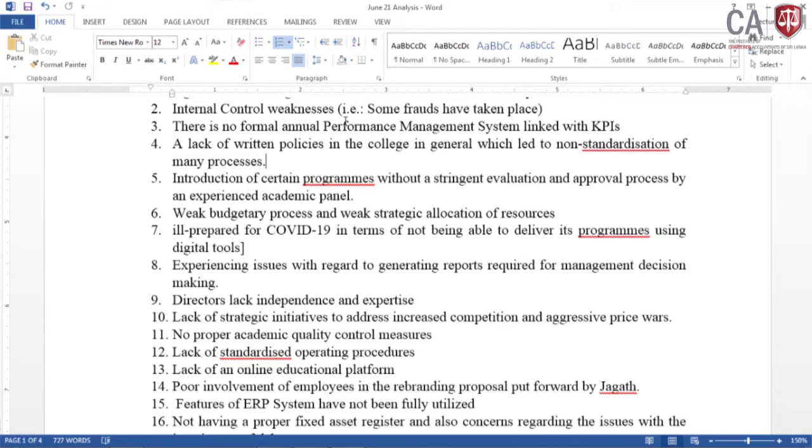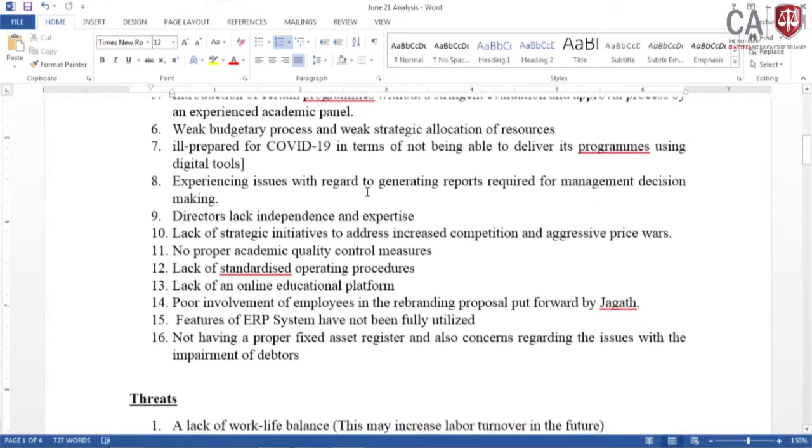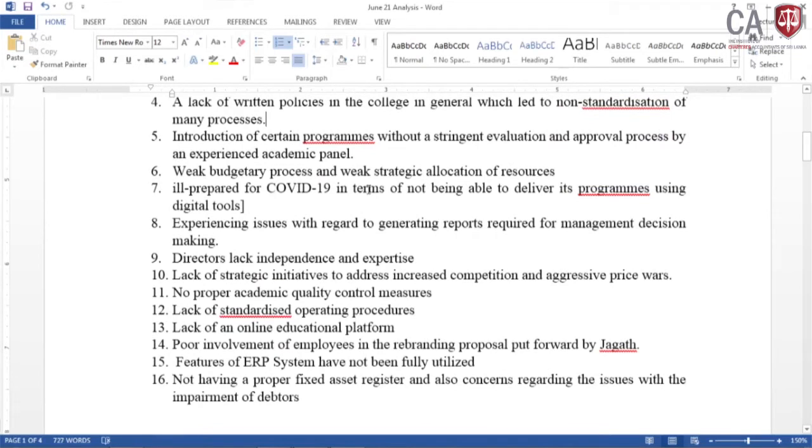They do not have proper written policies. As a result, there is no standardization in the processes. The next one, introduction of certain programs without a stringent evaluation and approval process by an experienced academic panel. So, that is a weakness. We have not evaluated properly and introduced the program.